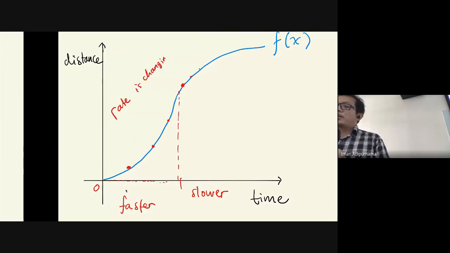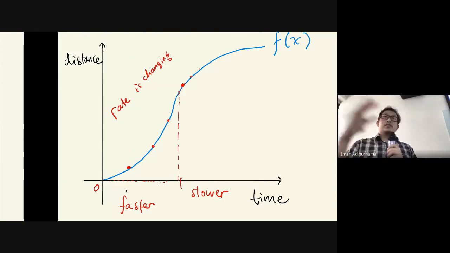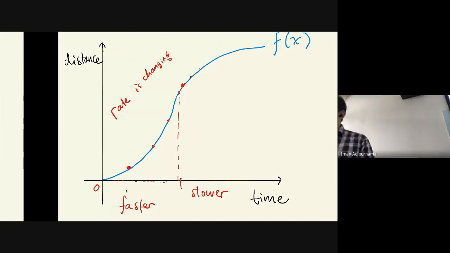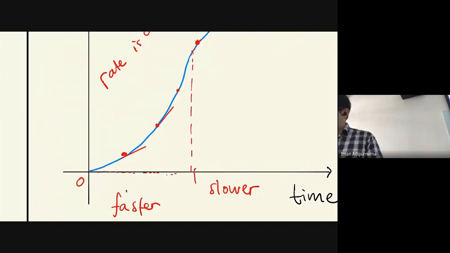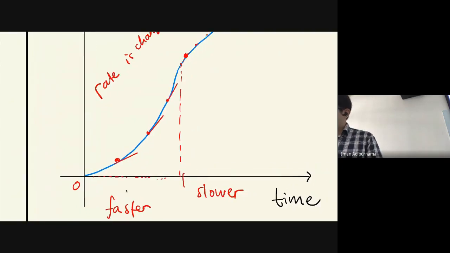So every time we talk about derivatives, we are talking about the change in rate. Either this is a distance traveled, or maybe later in any case you find, whenever you find a derivative, something is changing. But the interesting point is that your tangent is changing. This is the tangent line, right?